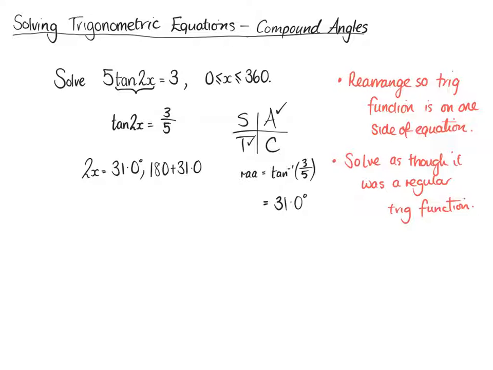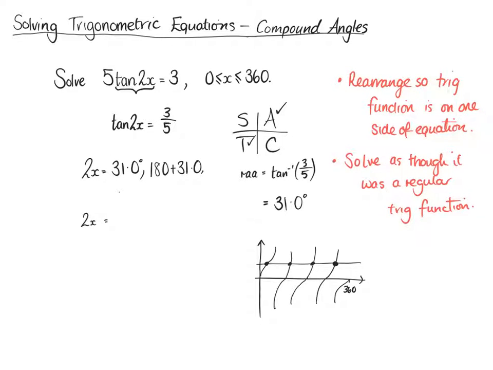Because we're finding this between 0 and 360, we're probably going to end up with some more answers, because if we think about it, tan of 2x means that up to 360 there are going to be two tan graphs. So when we've got it equal to 3/5, we're going to have 1, 2, 3, 4 answers.